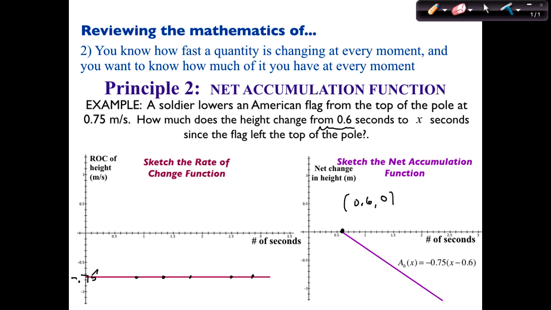Given any value of x, this tells you what the corresponding change in height was since 0.6 seconds. So here's 1.4. This y value tells us how much the flag has gone down at 1.4 seconds, starting from 0.6 seconds.